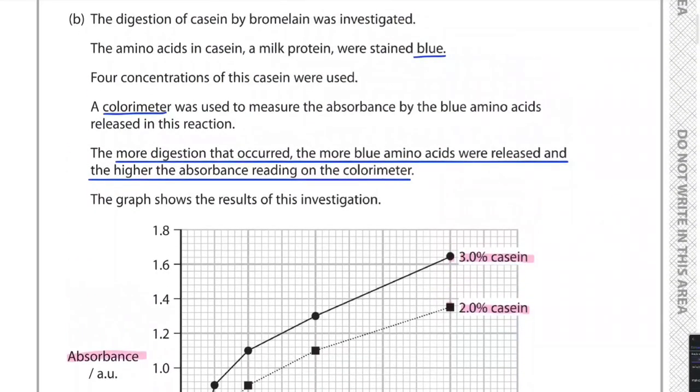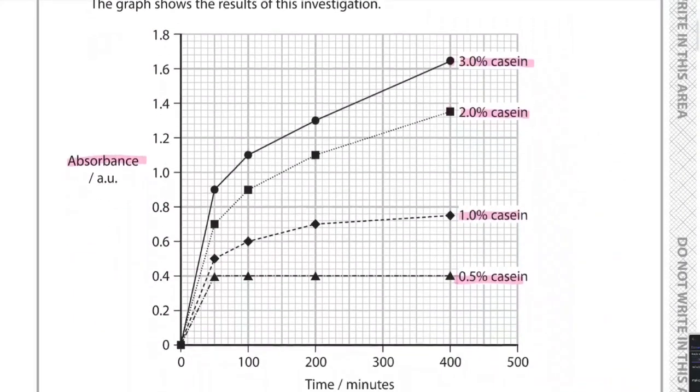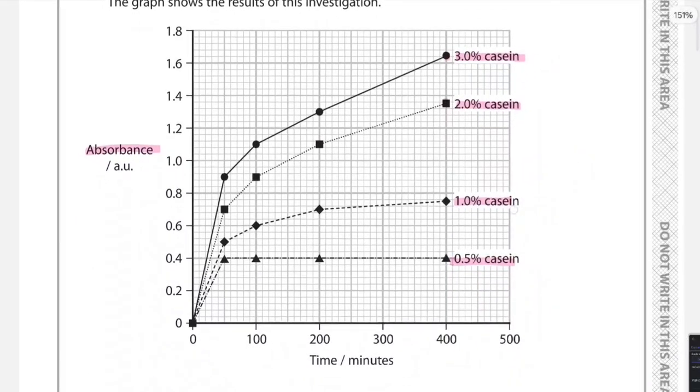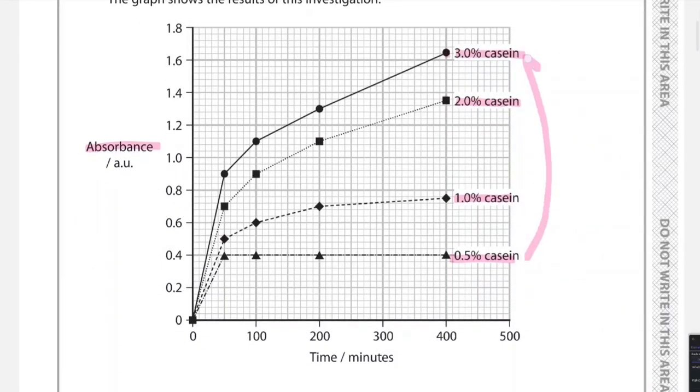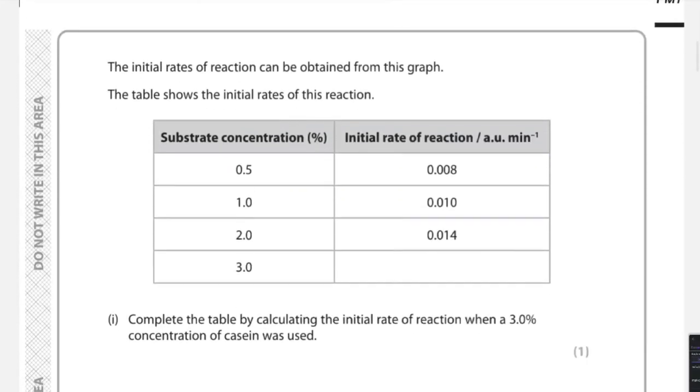The idea of this question is about the increase in concentration of the blue amino acids produced from digestion of casein, this milk protein, and this is gonna increase the absorbance reading, where the concentration of these amino acids is gonna increase due to its digestion. So as we can see here, the higher the concentration of this protein, the higher the absorbance of the blue amino acids, and this quite makes sense for now.